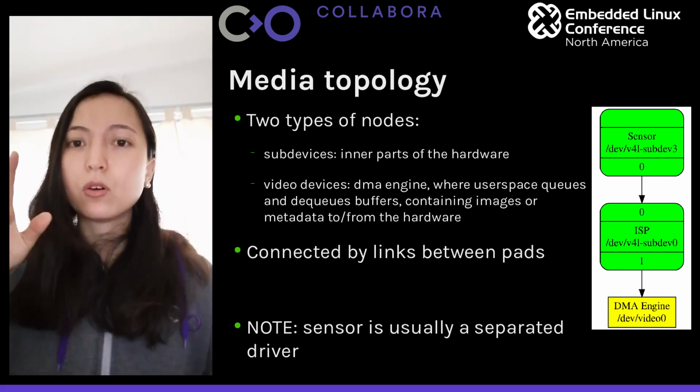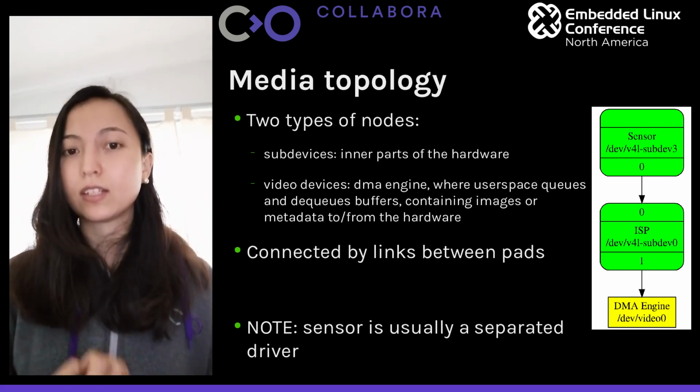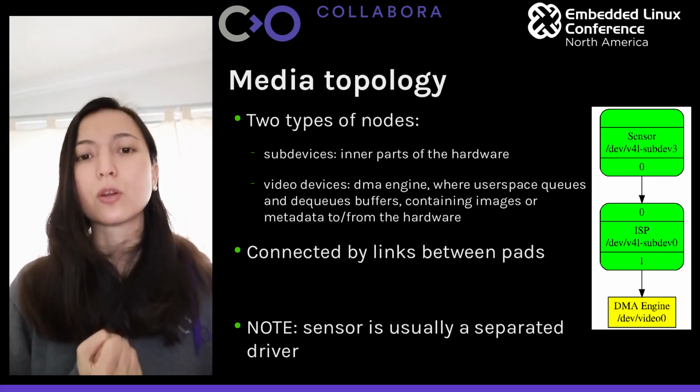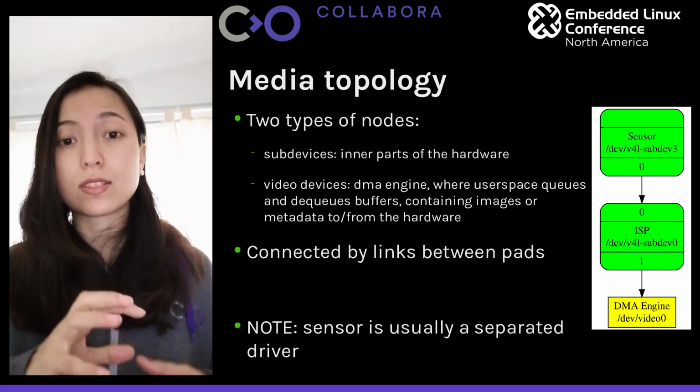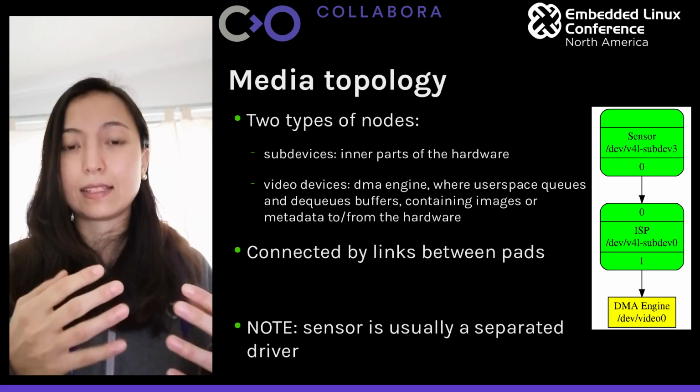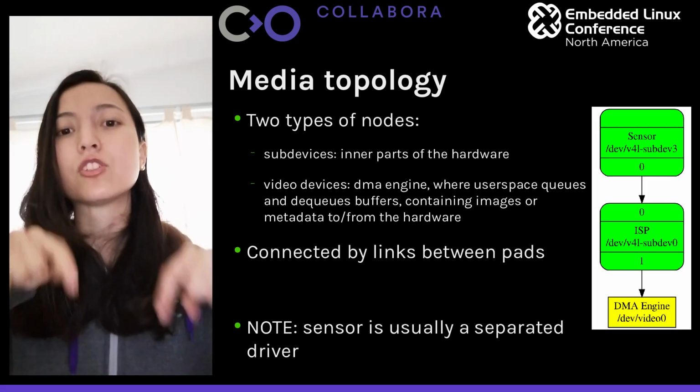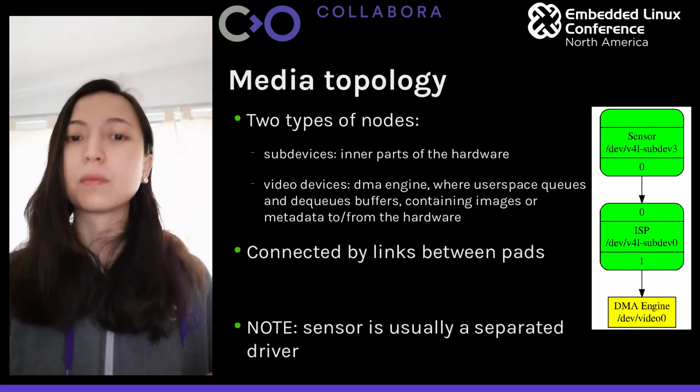In this example, it is from the hardware because we are retrieving an image from the sensor, but we are going to see some other examples where the user space needs to inject an image into the driver or some kind of metadata.